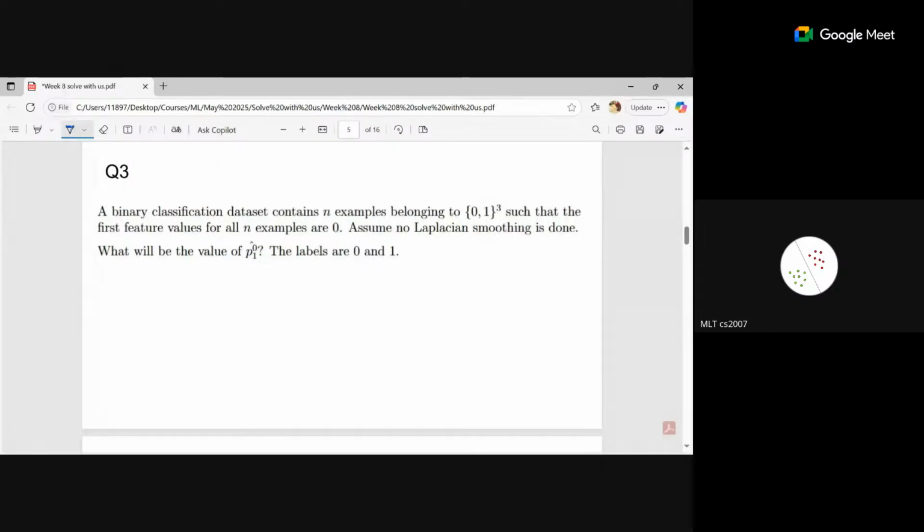So given this information, you have to find out the value of P1 not hat. And this P1 not hat is the probability that, given the label is 0, F1 is equal to 1. You need to find this.